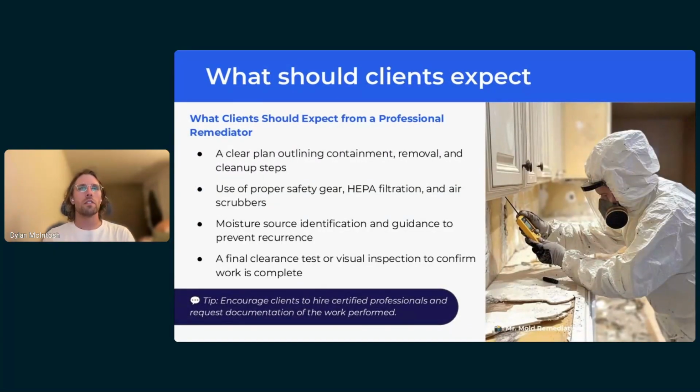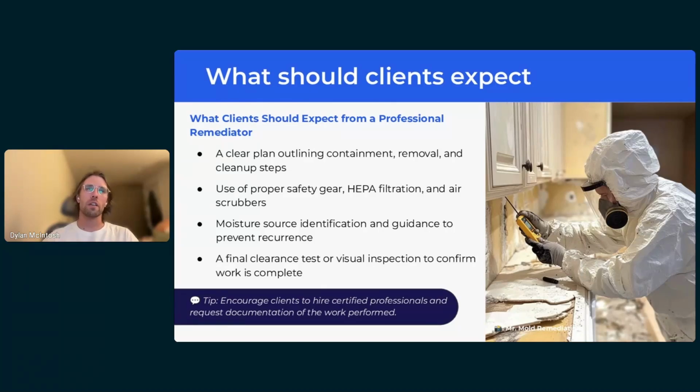So what should your clients expect from a professional remediator? Depending on your state, this industry may or may not be regulated by the state. You may be required to have licensing for a remediation company. You may not. Most states don't require or don't have a process for regulation, but some do.